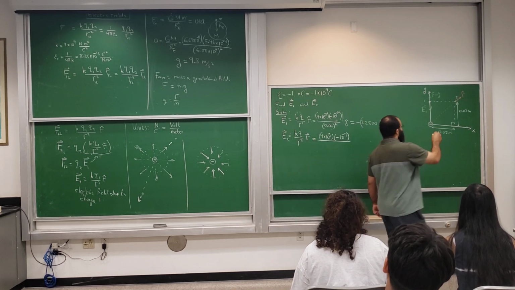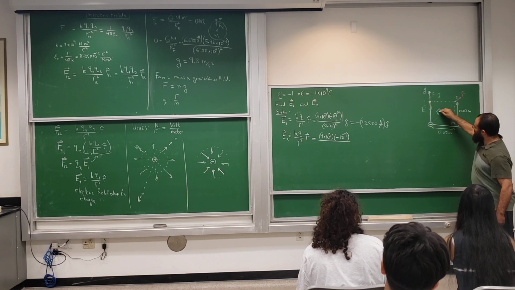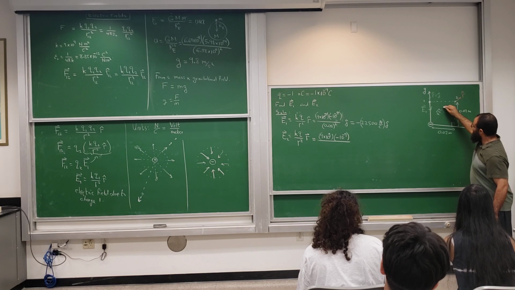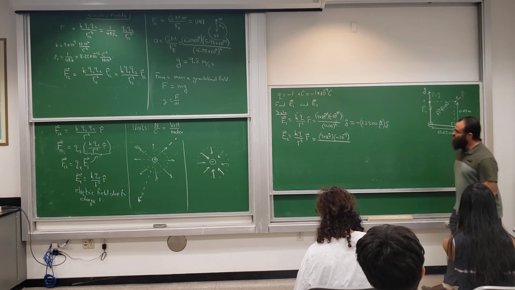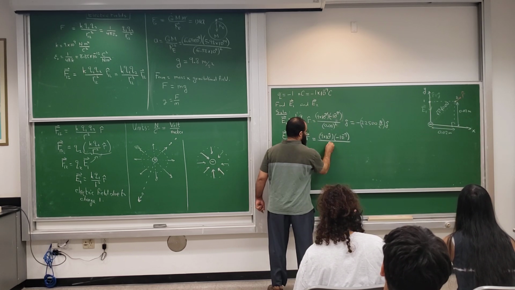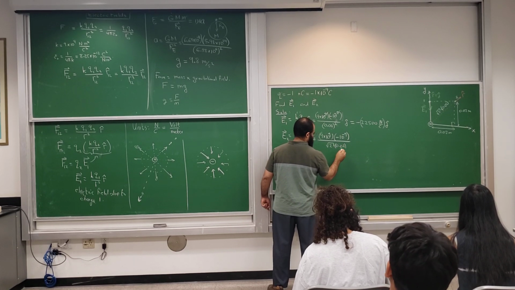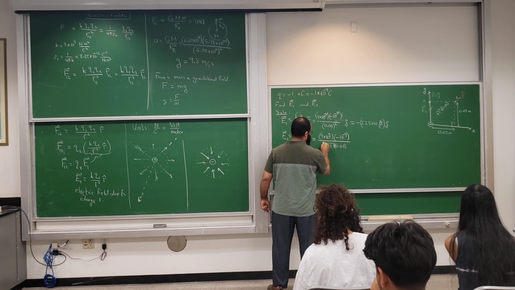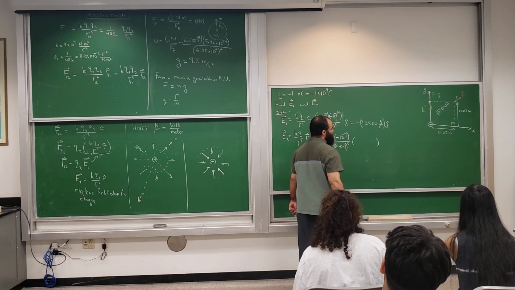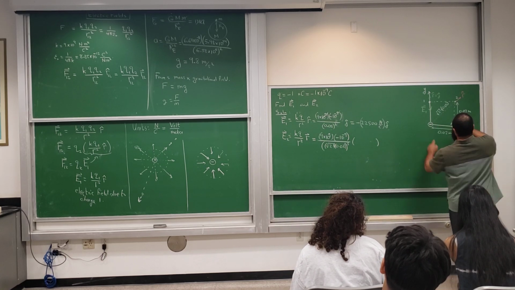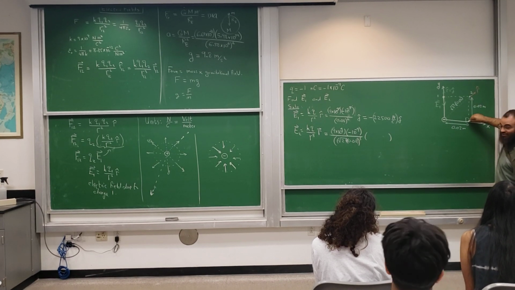Oh, how far? What's this distance? Square root of 2 times A, right? Which is 0.02, times 0.02. The diagonal. So we got this. I'll just write root 2 times 0.02, to the 3. And then what's the vector that points from here all the way to here? 0.02 I hat plus 0.02 J hat?